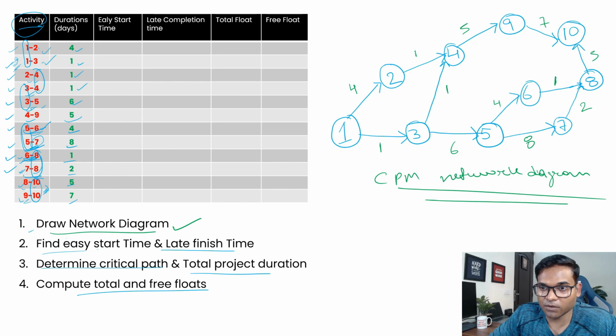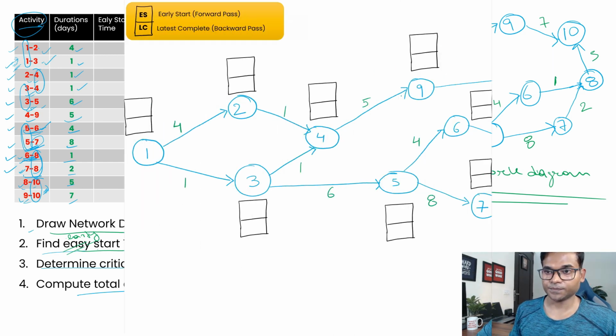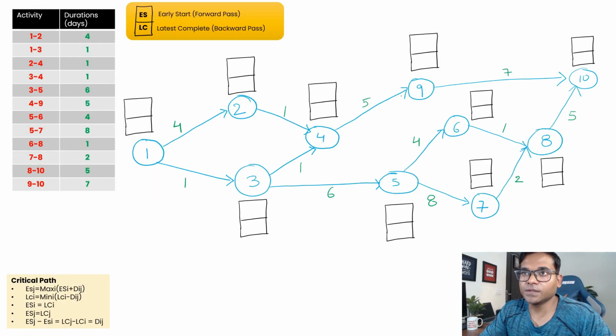Okay, now let's calculate the early start and late finish. Remember, this is early start, not easy. So let's calculate these two things. The early start is related to our forward pass, which we have learned earlier, so I'm not going to detail the forward pass method.